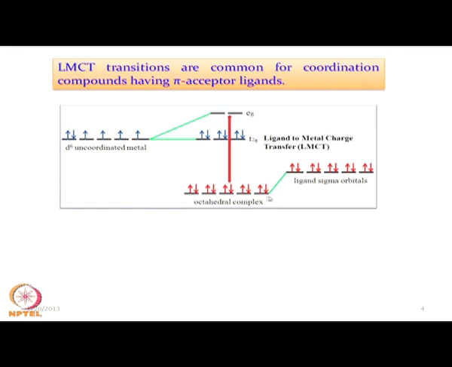During the formation of this complex, the ligand sigma orbitals can be low lying, and it can be the level from which electronic charge can be donated to the empty Eg level.